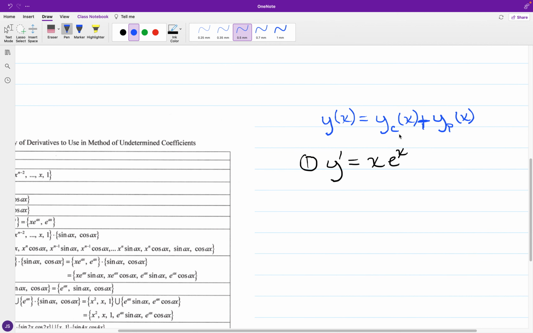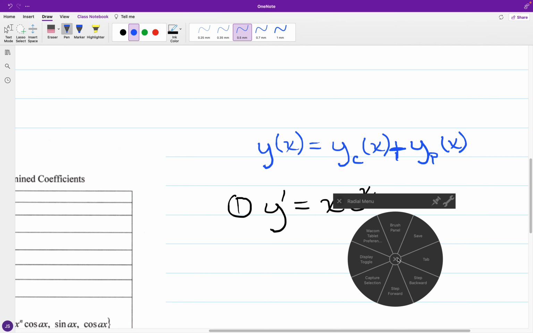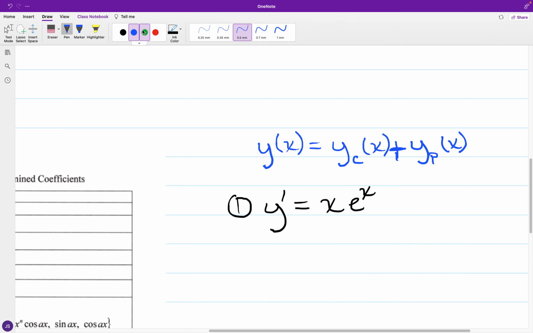And the complementary solution would be if you had the equation to be homogeneous, that is, if you had it set equal to 0. Okay, so if we were to look at if we had y prime is equal to 0.